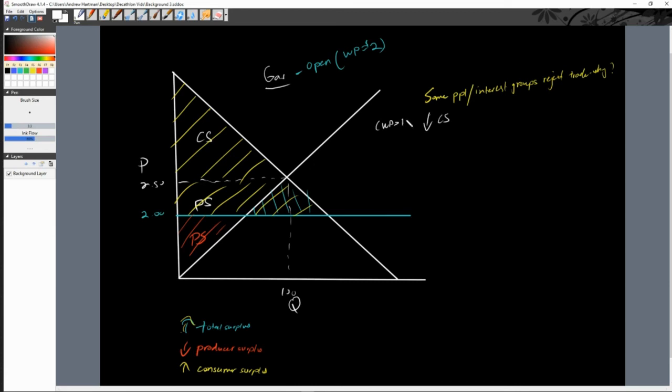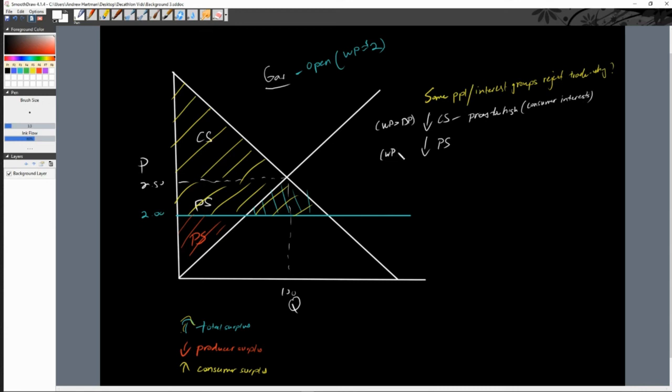So when you see a decrease in consumer surplus, which you do when the world price is greater than the domestic price, you're going to see consumer groups, groups that help protect the rights of consumers, try to prevent trade from happening because prices are too high. And so consumer interest groups will come to the table to try to prevent that kind of trade.